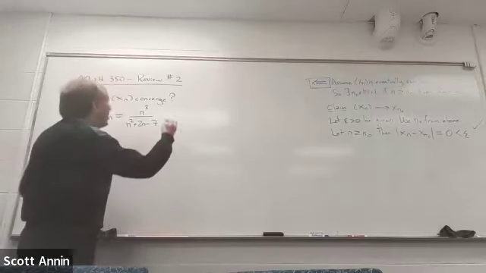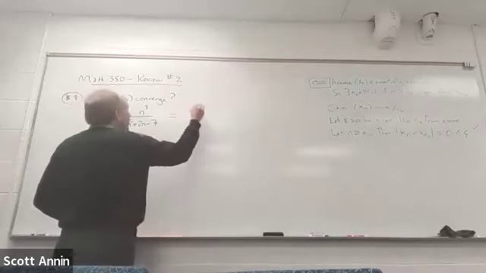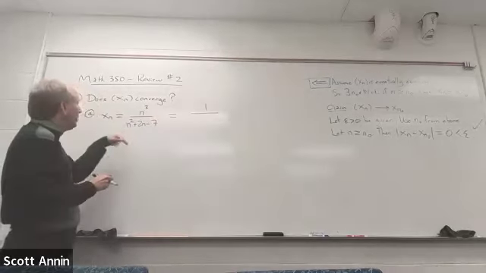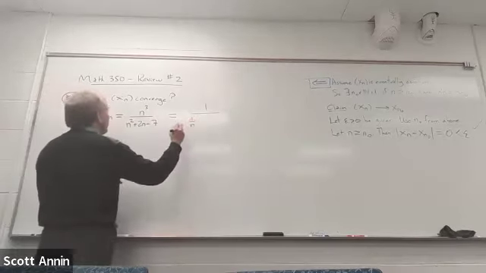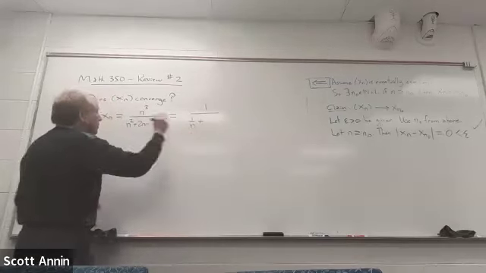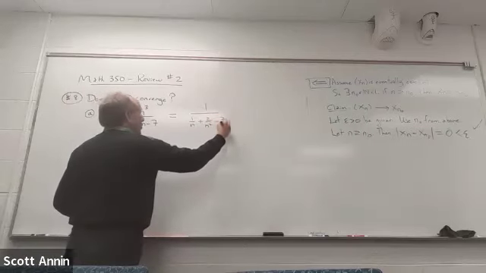Let me try your idea. I'm going to divide everything by n cubed. Is that what you're going to say? So if I divide everything by n cubed, then on top I'd be left with 1. On the bottom, I'll have 1 over n plus 2 over n squared, and then minus 7 over n cubed.